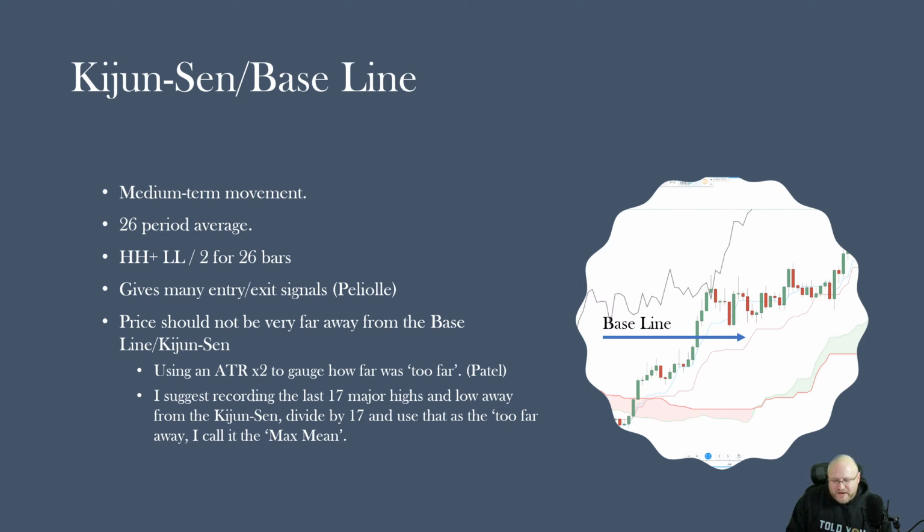So when you pull up an Ichimoku chart and the body of the candlestick is way far away from the Kijun Sen, that is probably something that is way too far extended.